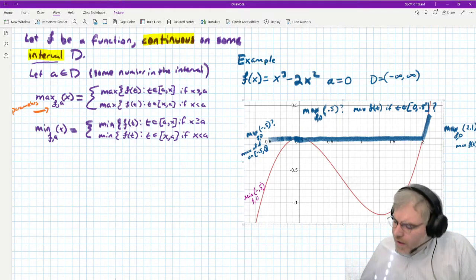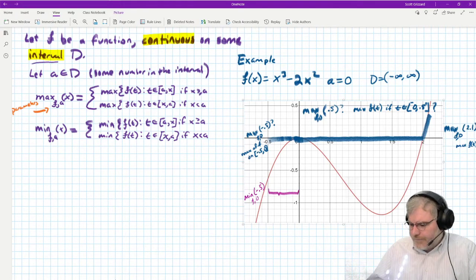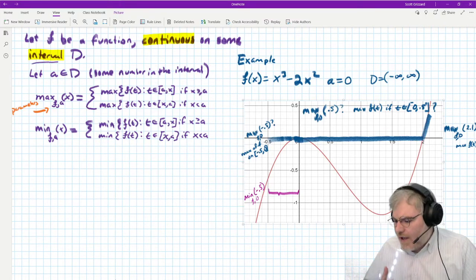What is smaller? What's the smallest value? This asks what's the smallest value on this interval. What is the smallest y value on this interval?